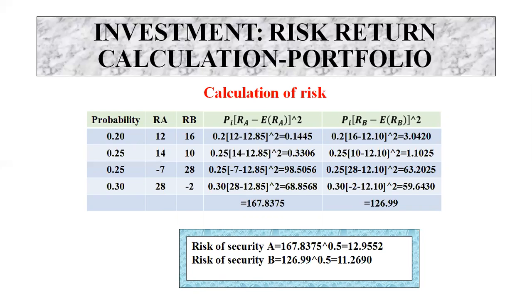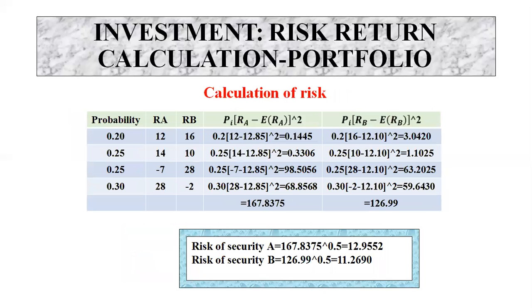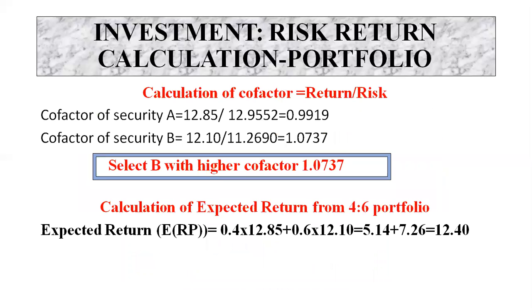For that, we have to calculate the cofactor. If we calculate the cofactor, then we will observe that security A's cofactor is 0.9919. That means against 1% extra risk, our extra return is 0.99. But in case of security B, against 1% risk, the cofactor is saying that our return will be 1.0737.